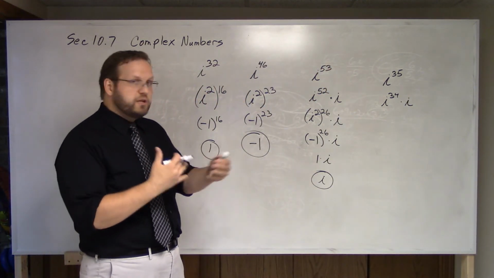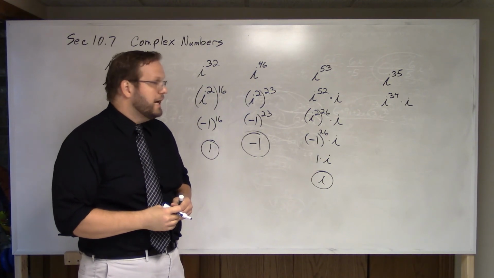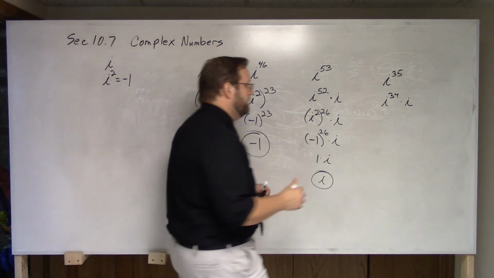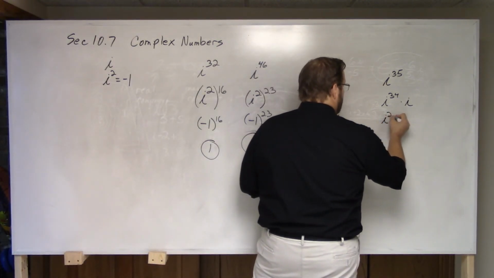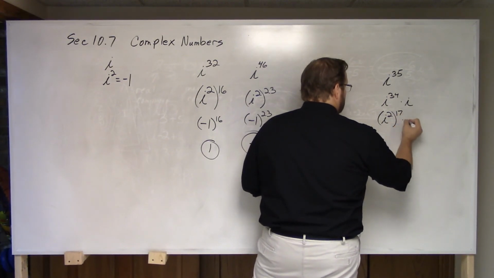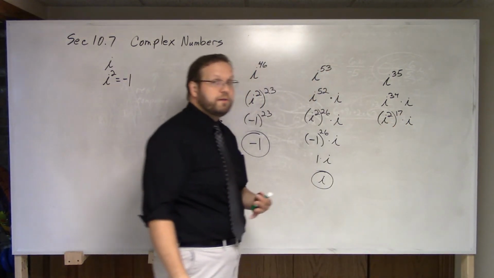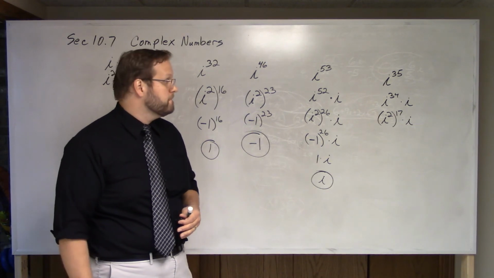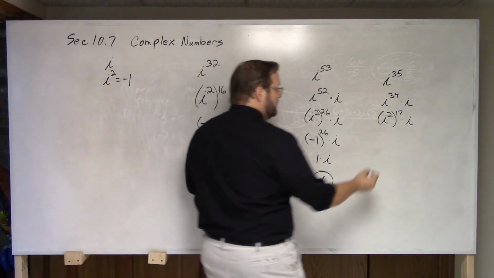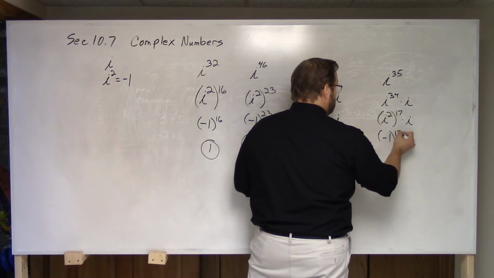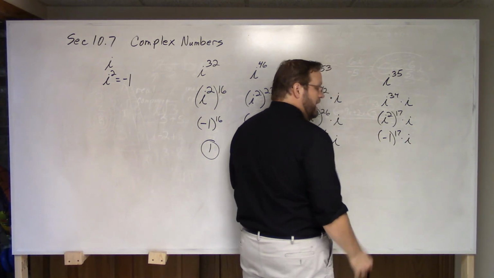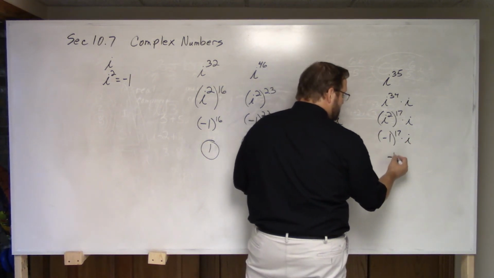Okay, that brings me a total of 35. I'm going to work with that 34 now. i squared to the 17th. Just 34 divided by 2 gives you 17. Negative 1 to the 17th. Odd number of negatives keeps it negative.